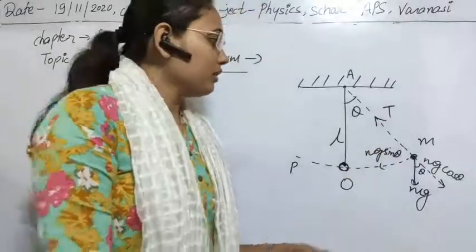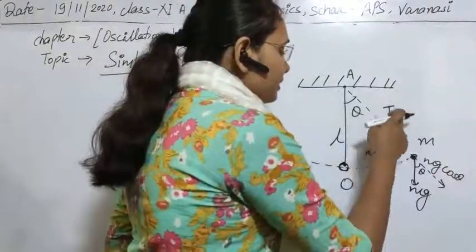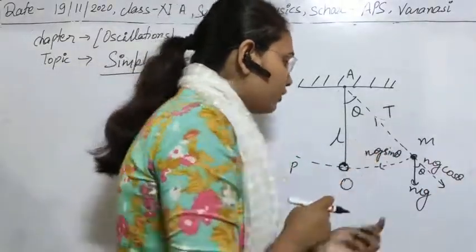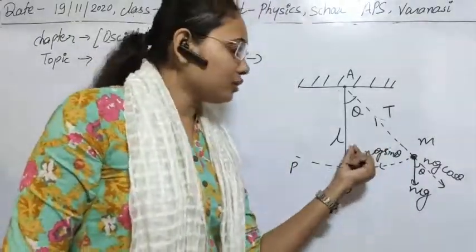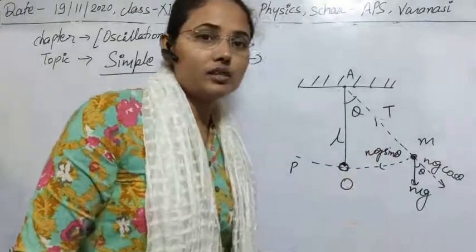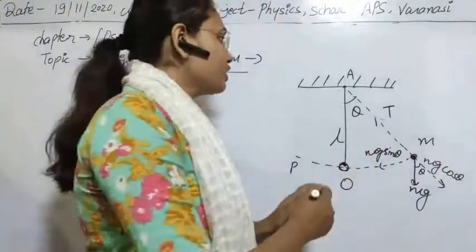This force will counterbalance the tension, and this other force, as you can see, is just like the restoring force. This force will act to restore its original position. So what will be the case of the simple pendulum?